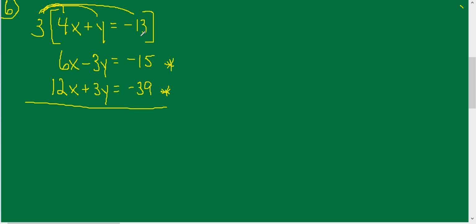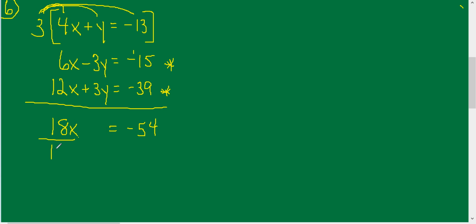Distributed this 3 to the top equation, it became this bottom equation. Now I'm going to combine these two equations here. So that gives me what? 18x. This is my 0, that's good, equals, they're both negative, so I got negative 54.